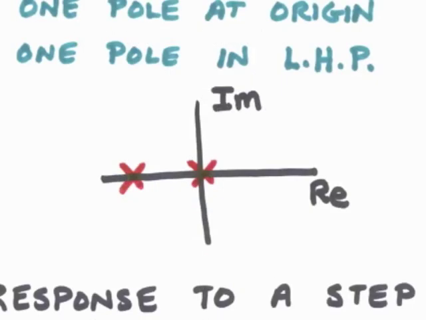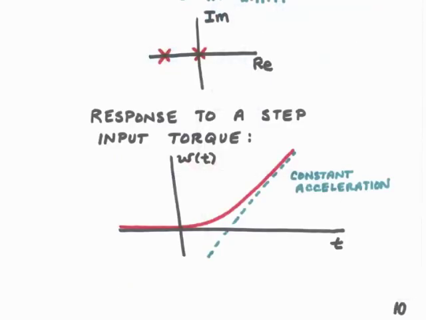So when we plot the poles and zeros in the complex plane, the figure looks like this. Let's now determine how the angular velocity of disk 2 responds to a step torque on disk 1. We can simply do this by knowing the input in this case would be a step, that is Ti is 1 over s.